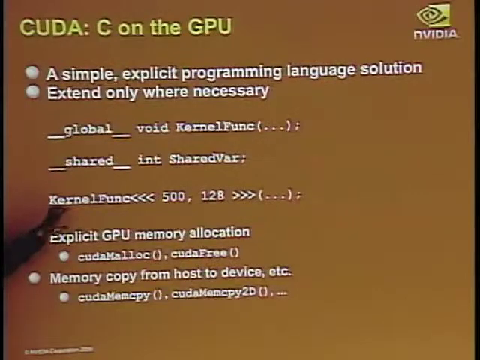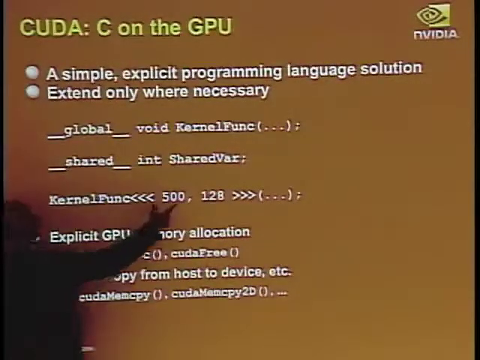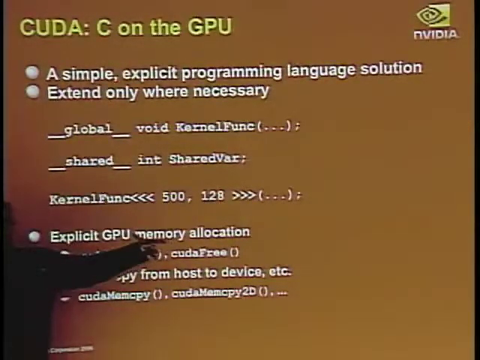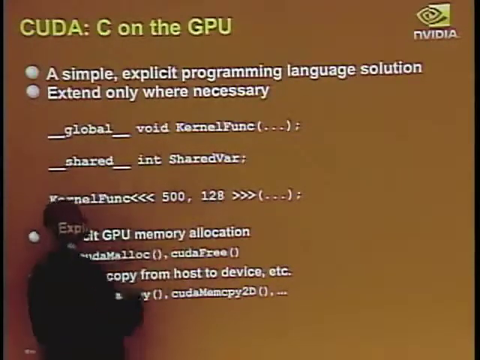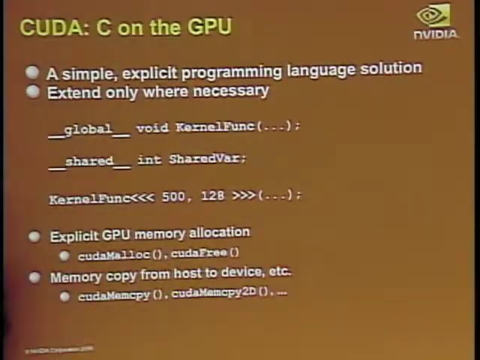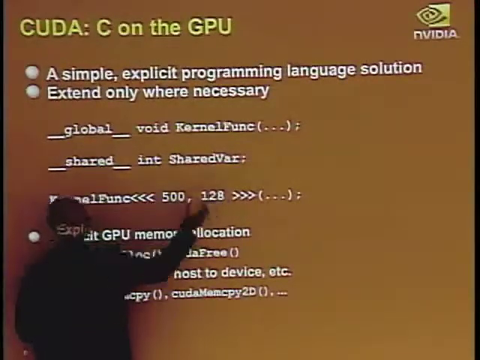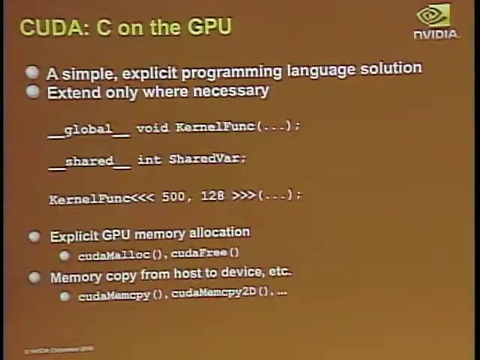This says I want to call this kernel over a grid of 500 blocks, each of which has 128 threads. So we make this call, and it's going to launch 500 times 128 threads, organized into 500 blocks. This is a 1D kernel and a 1D grid and a 1D block. If we do memory allocation, that's done explicitly. If we do memory copies, that's done explicitly. Just like you have malloc and free in the CPU memory space, you have malloc and free in the GPU memory space.